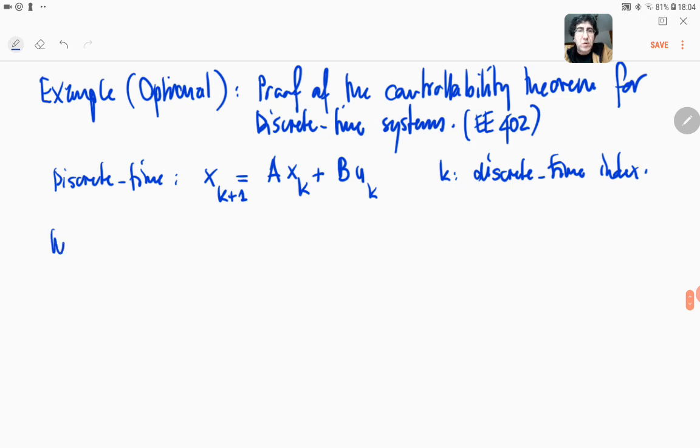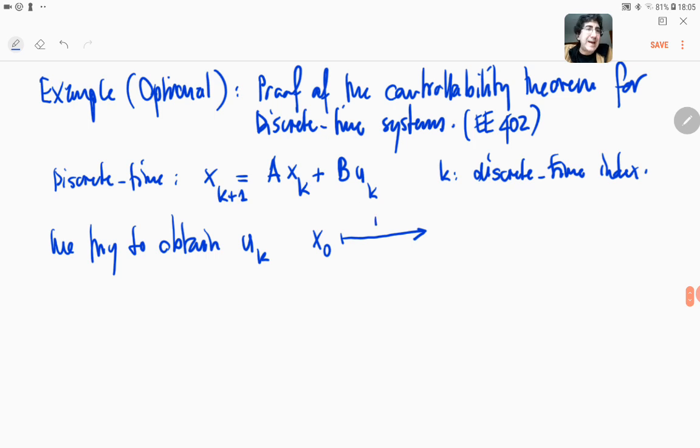We try to obtain u at time k such that any given x0 in basically n time steps, a finite number of steps, actually is taken to the zero state.